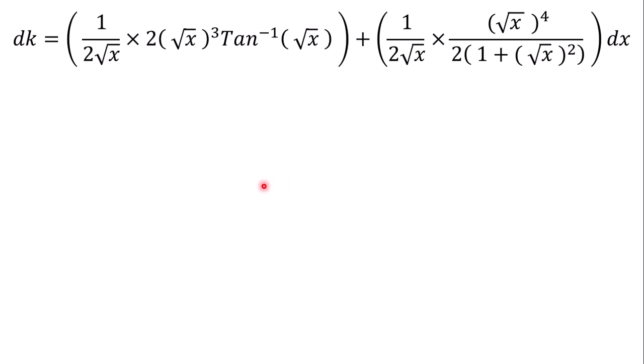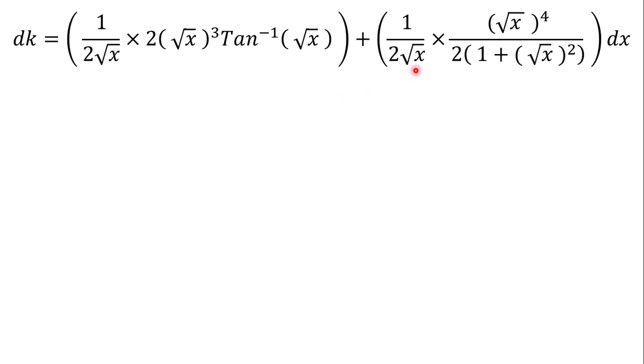All right, so here these two will cancel out with these two, and then here we are having square root of x raised to the power 3, and also we are having another square root of x here. So this one will decrease this power by 1. So here we'll be left with 3 minus 1, which is 2, square root of x raised to the power 2.